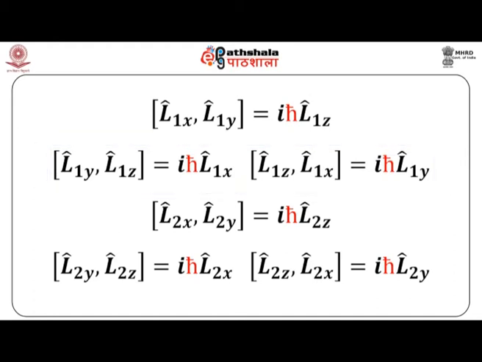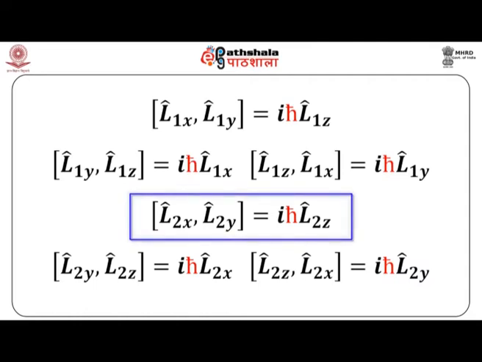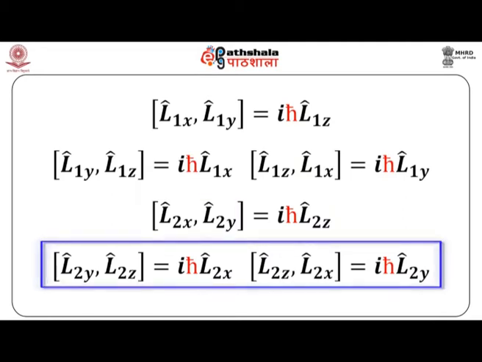Likewise, we have the equation for the second electron system as well. L2x, L2y commutation gives the commutator iota h cross L2z, and L2y, L2z commutation gives iota h cross L2x. Similarly, the third commutation L2z, L2x gives the commutator as iota h cross L2y.